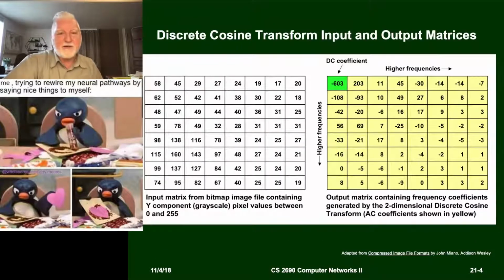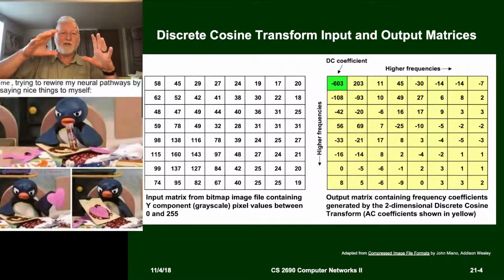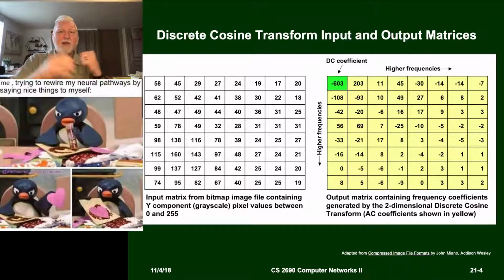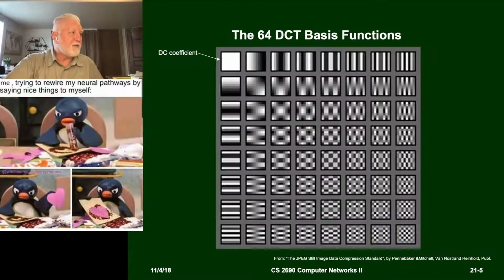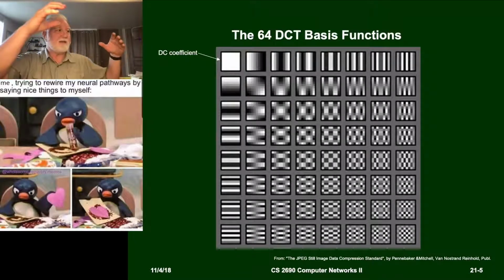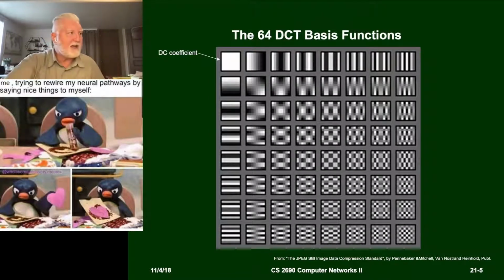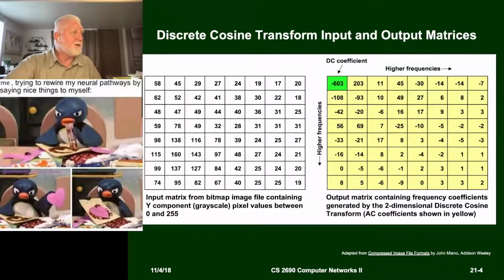I wish it was together here in the same slide set. But that part where we're adding information and that wave is looking more and more like a square wave, right? This essentially is taking all the various frequency information and sort of separating it, differentiating it, so that we can say, well, let's just lose some of the information. If we lose some of the information, we'll still probably be just fine.